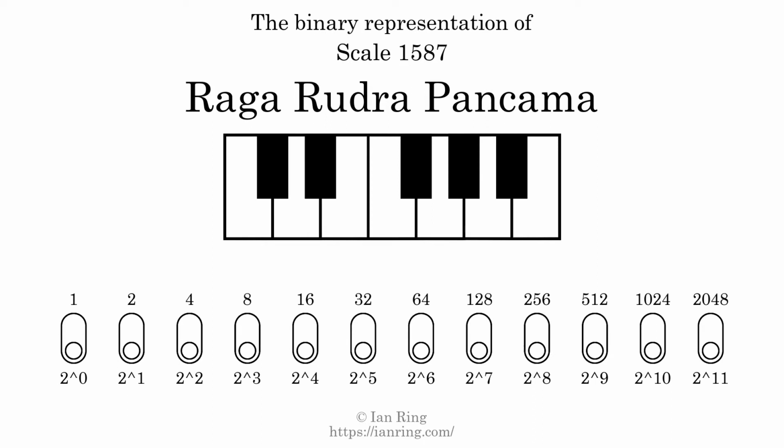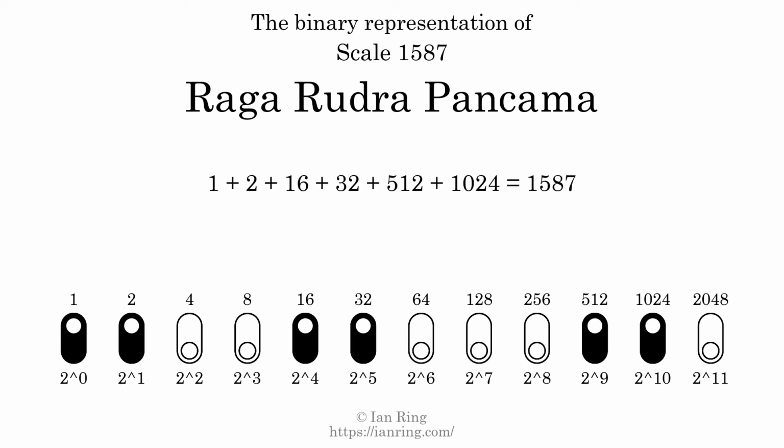The binary representation of this scale is determined by mapping tones of the scale to binary digits. Each binary digit represents a power of 2. To get the scale number, we add the powers of 2 together. The powers of 2 that are present in the scale, all added together, equals 1587.